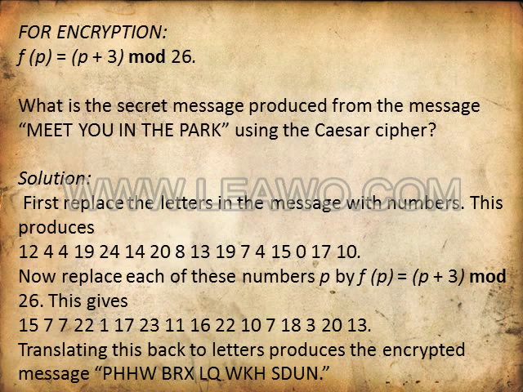This gives you 15, 7, 7, 22, 1, 17, 23, 11, 16, 22, 10, 7, 18, 3, 20, and 13. Translating this back to letters produces the encrypted message PHHW BRX LQ WKH SDUN.